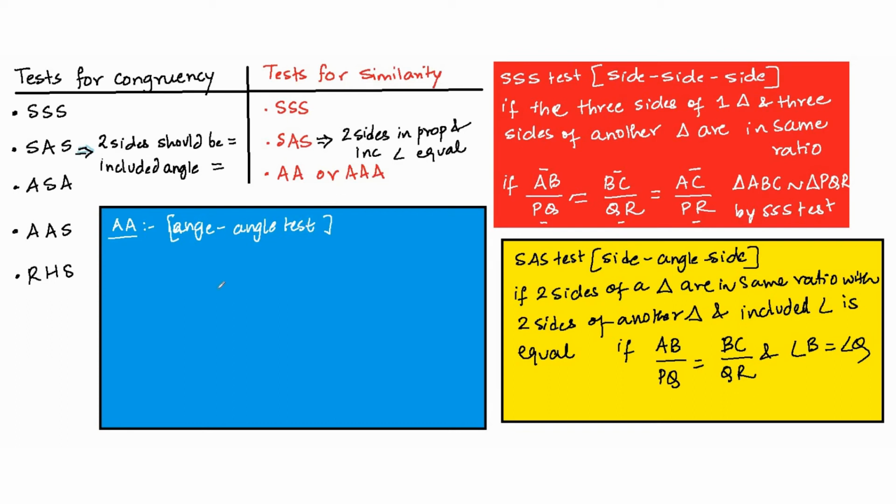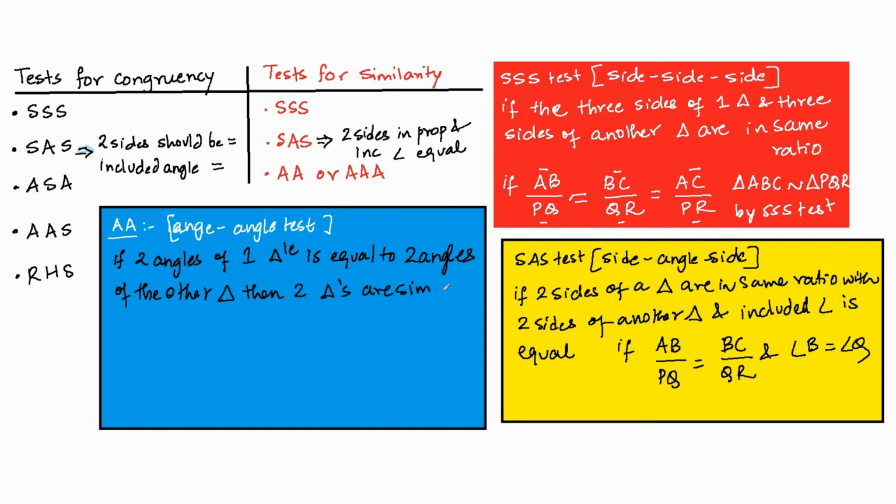So the angle test says that if two angles of one triangle are equal to two angles of the other triangle, then the two triangles are similar.